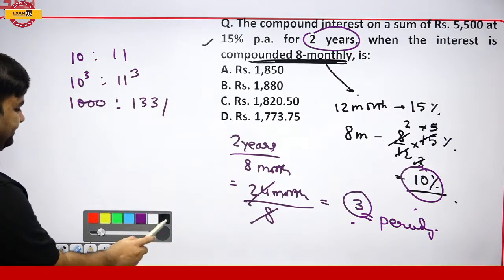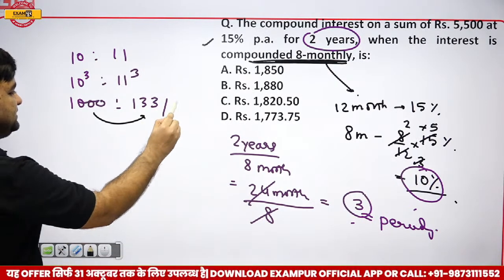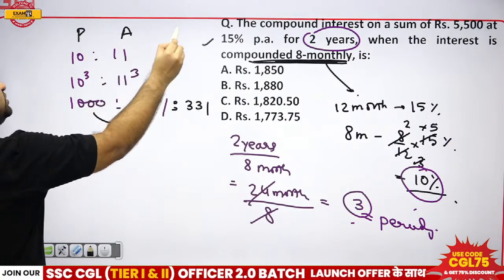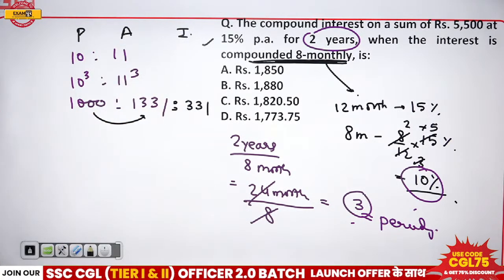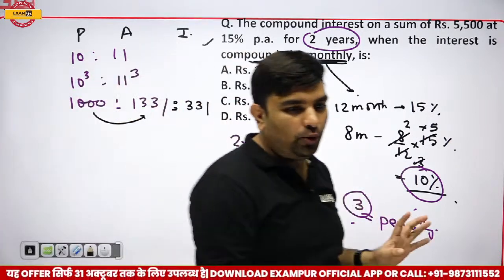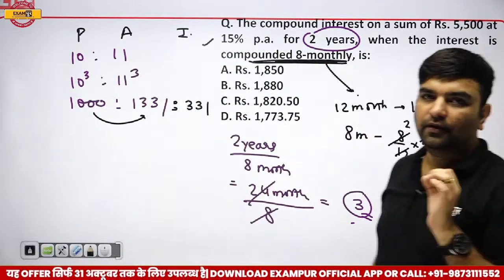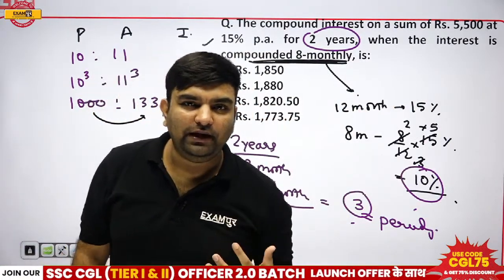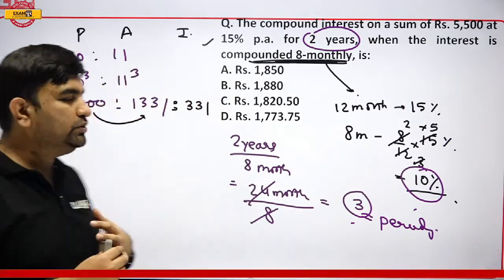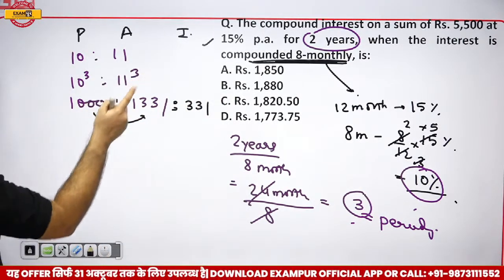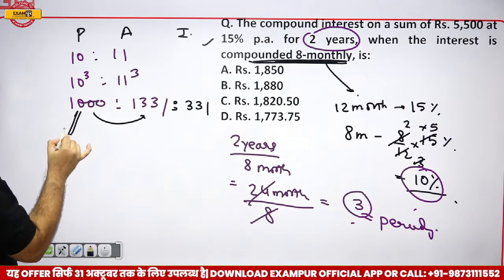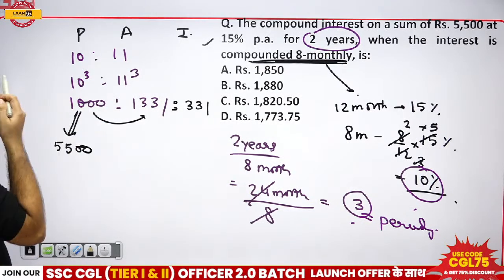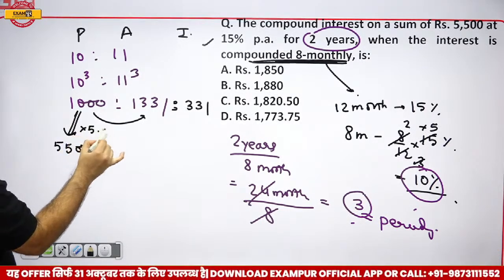So compound interest is 331. This is principal, this is amount, so this difference is interest. If only one value is known, then we can find out all other values. 5500 is the principal given. 1000 is given as 5500, 5.5.